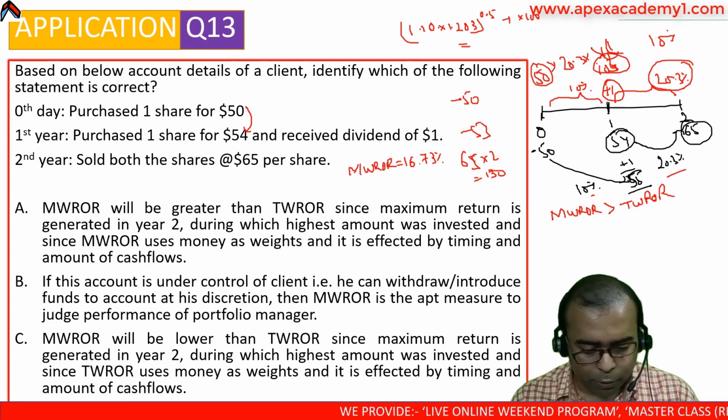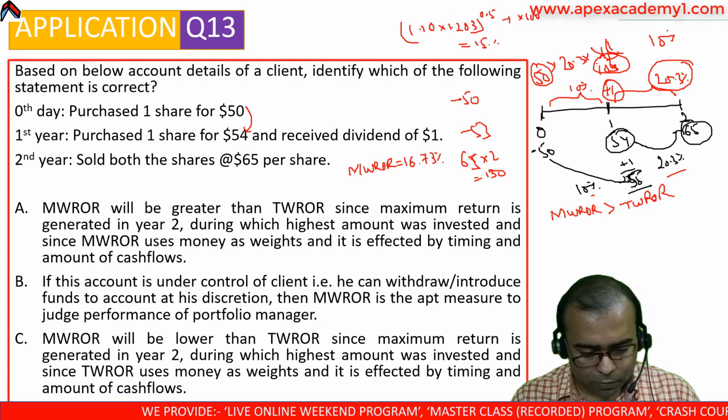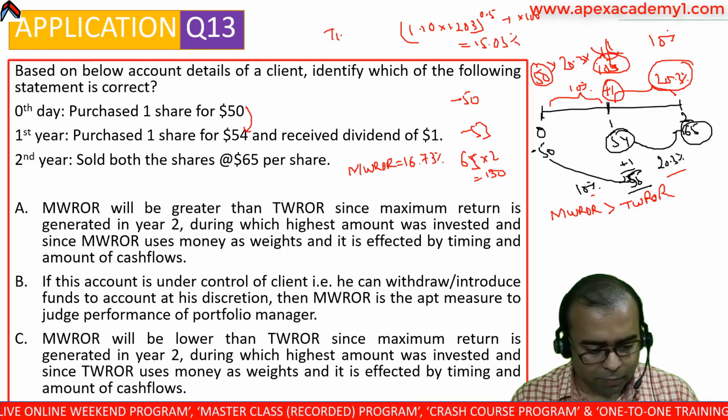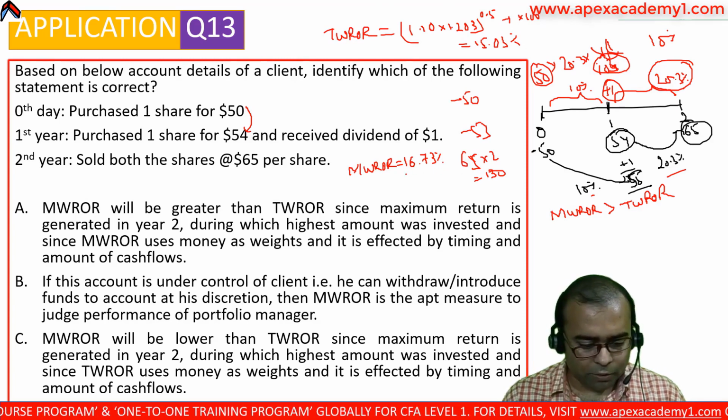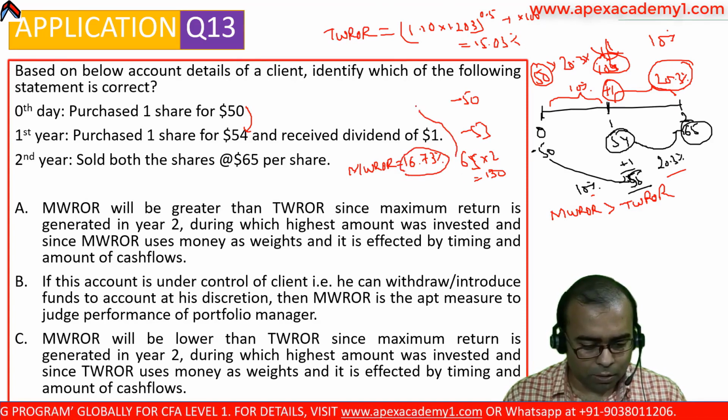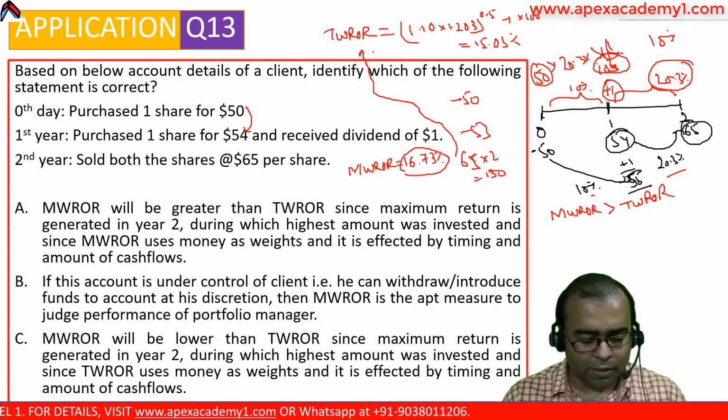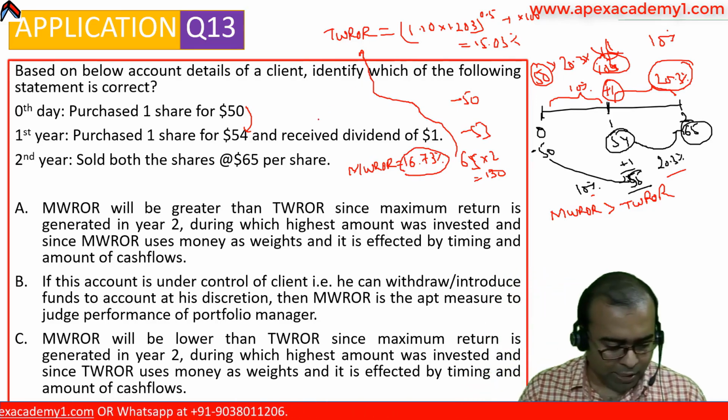It gives me a 15.03% return, which is my TWROR. Here also you get the conclusion that MWROR is greater than TWROR. Option A is correct.